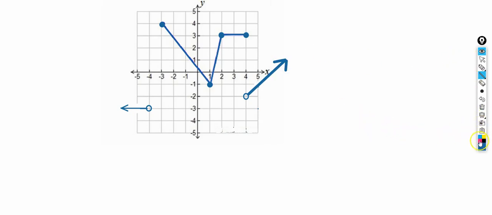Well, the domain. Oops. For the domain, I'm going to come in from -infinity and then not include -4. Then there's a gap. And I pick it up again at -3, which is included.